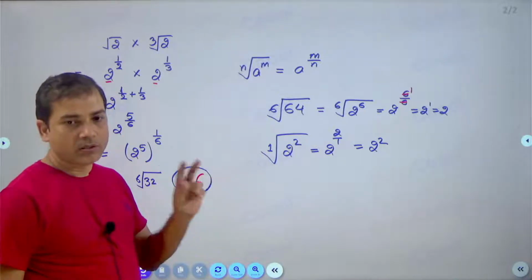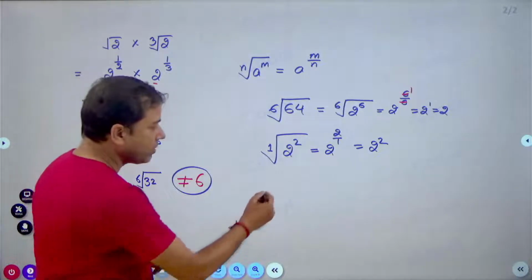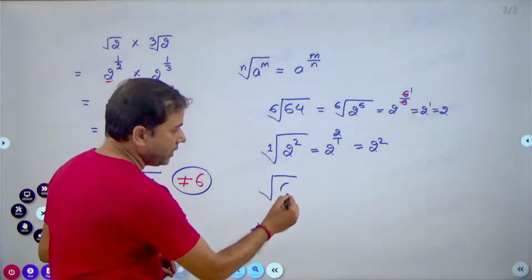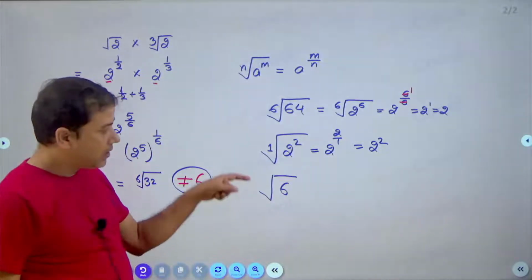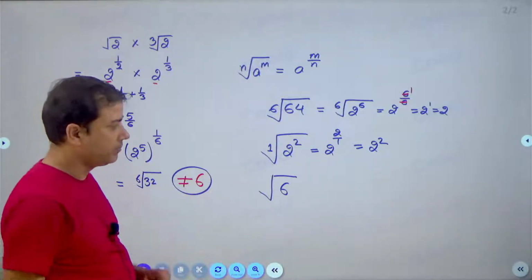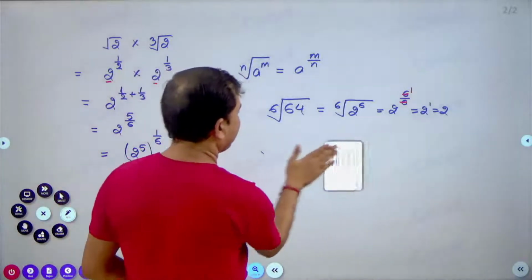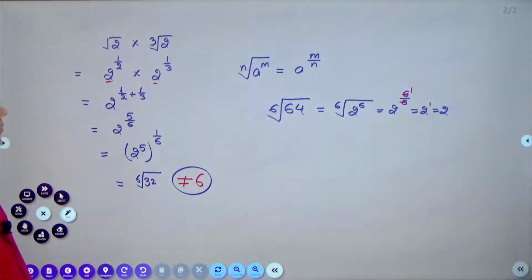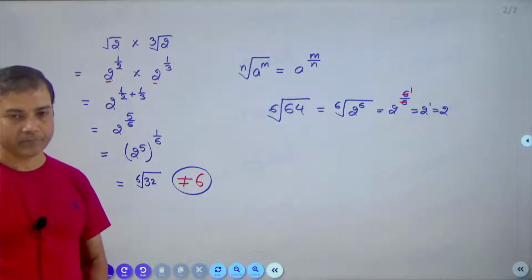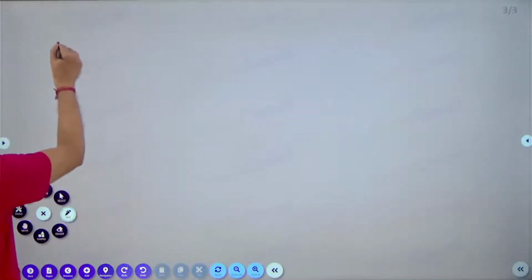At least 2 may exist and 2 remains hidden. If we don't write anything, that means this V shape contains 2 hidden here. I hope you understood it. Yes. Okay. Next.